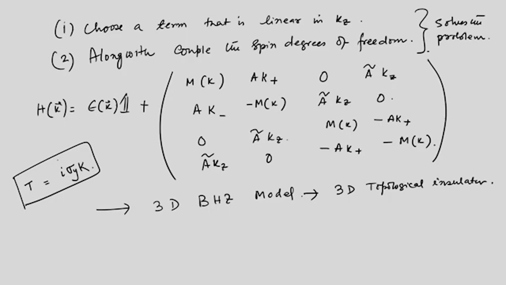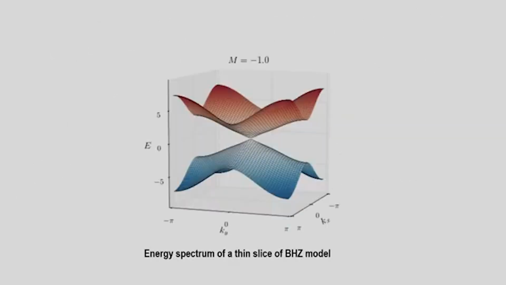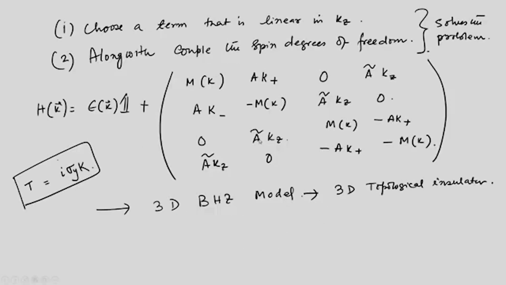Okay. So, just some plot to show. So, this is a topological insulator. So, we have taken some result that is published on the net. It is the energy spectrum of a thin slice of the BHZ model. So, you see that we have taken M to be negative, which means that it's a topological phase, and this is the band structure corresponding to this Hamiltonian.